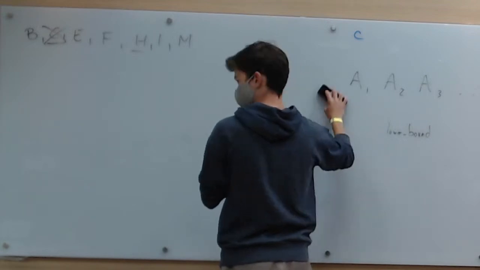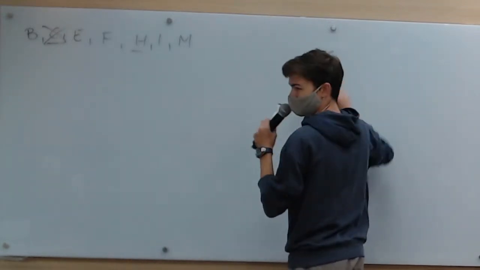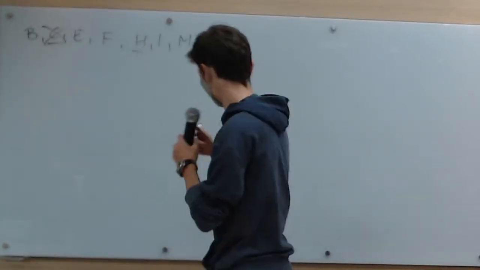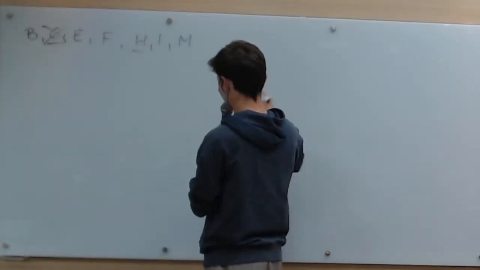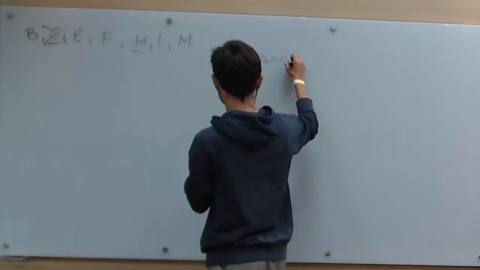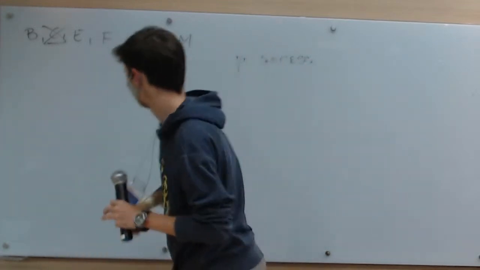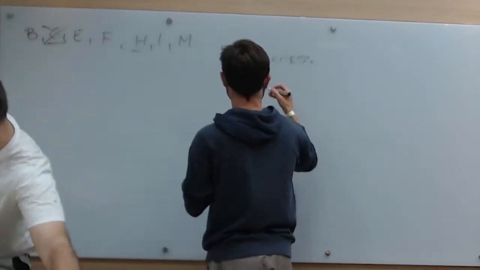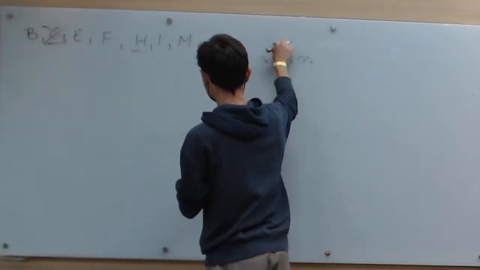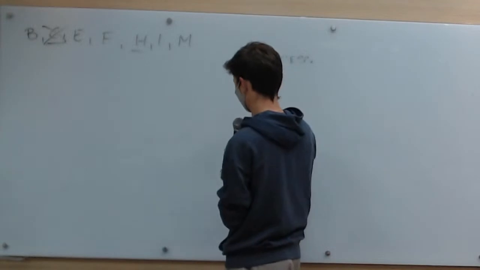So problem F? I can hear you. Problem F says that you have some random event with probability P of success. And you have some trials of this, right?